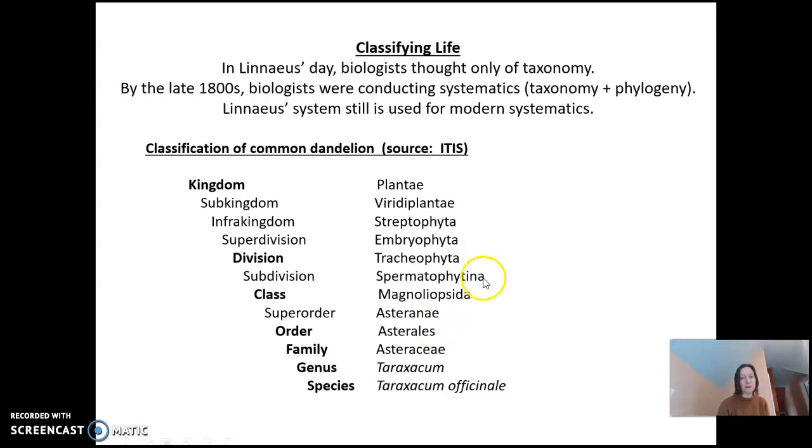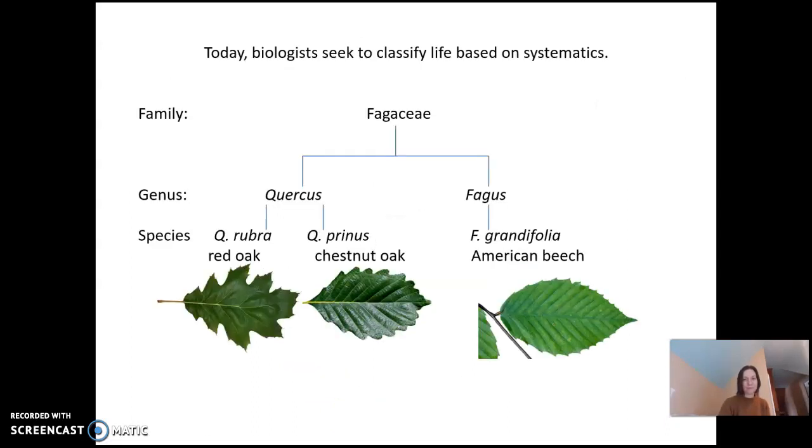You're not going to have to memorize any of these that are not in bold, but I do want you to memorize kingdom, division, class, order, family, genus, species. So today, biologists and botanists seek to classify life based on systematics, based on naming and phylogeny, how organisms are related.